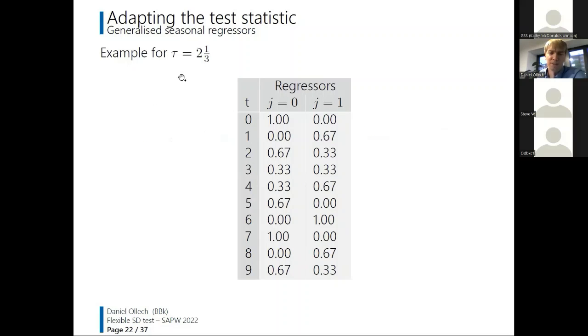So just briefly, an example for a seasonal frequency of 2 1/3 would look like this: a 1 in the current observation, then nothing in t-1. And then in t-2, which is quite close to 1/3, a weight of 2/3. And then with the t-3 observation, we have a weight of 1/3. And this is basically just a lag of the first one.